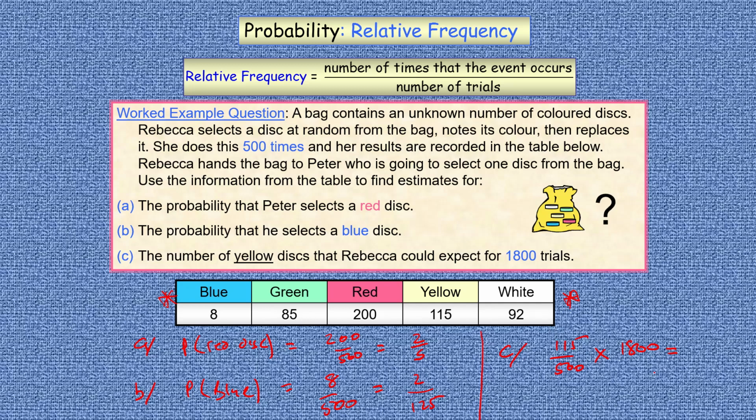When you work that out on your calculator, you get 414. So that's 414 times she would select a yellow disc in 1,800 trials. Hit pause, copy this example down. Once you're done, we'll look at some questions for you to attempt.